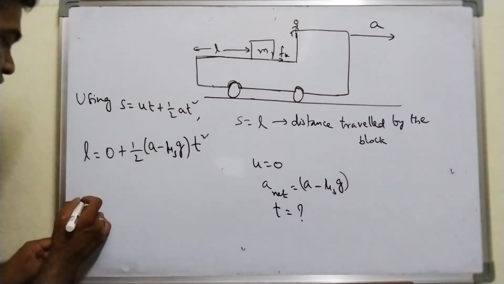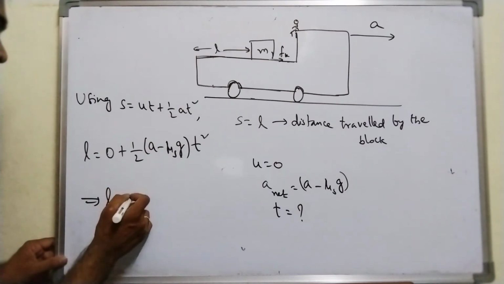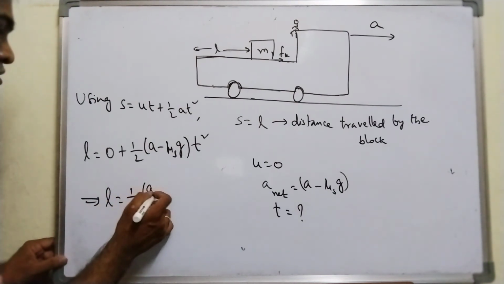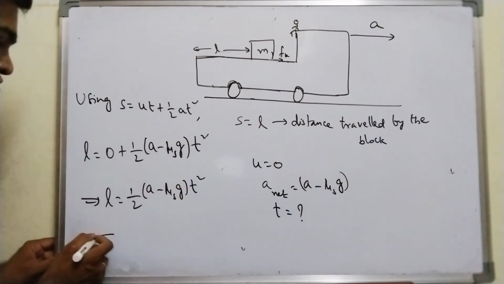Solving for time, L is equal to half into a minus mu s into g into t square.